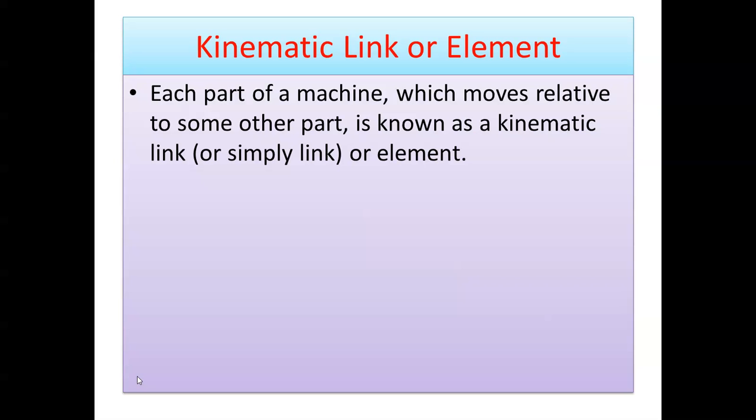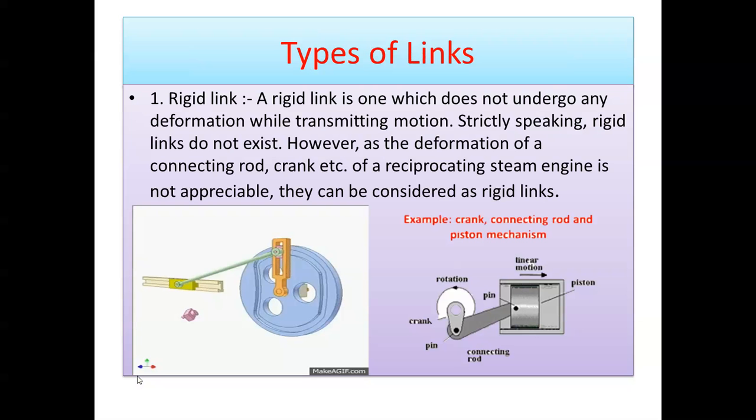One of the terms is kinematic link, or you may say element. The definition of kinematic link is: each part of a machine which moves relative to some other part is known as a kinematic link, or simply link, or element. Now we will see the different types of links with the help of some animations also.